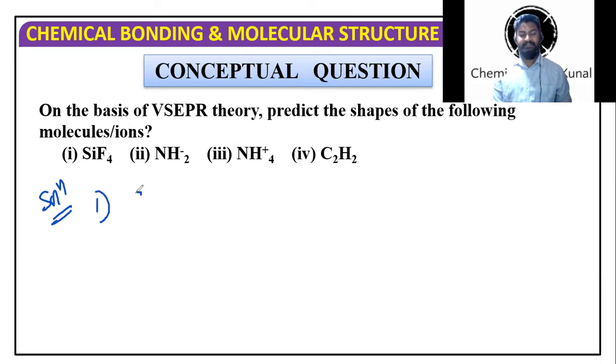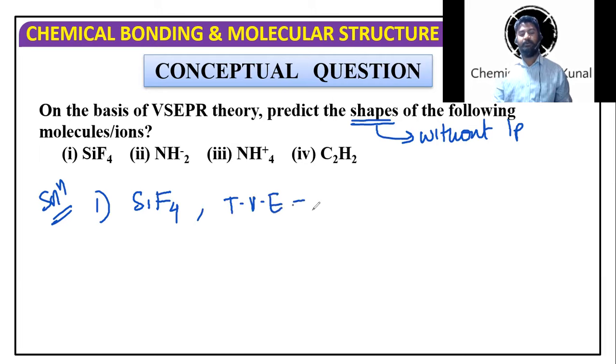First question, SiF4. How to do it? They're asking the shape, meaning without lone pairs. Very good. So find the total valence electrons. How many valence electrons does silicon have? Yes, 4.